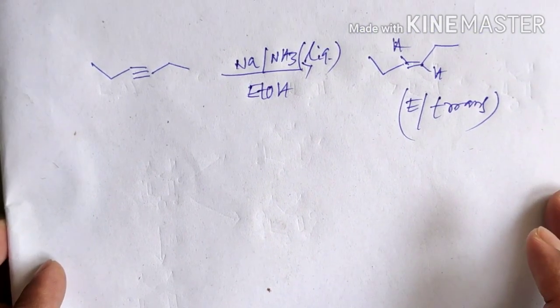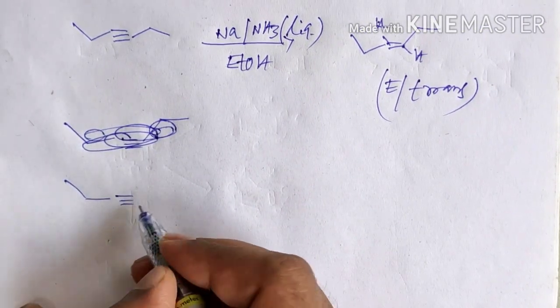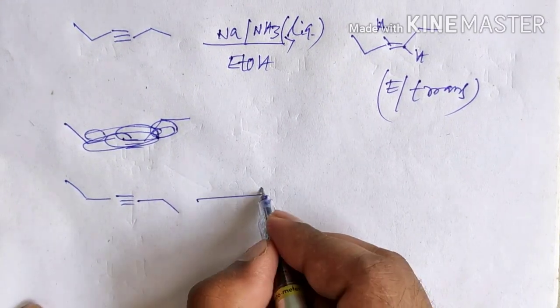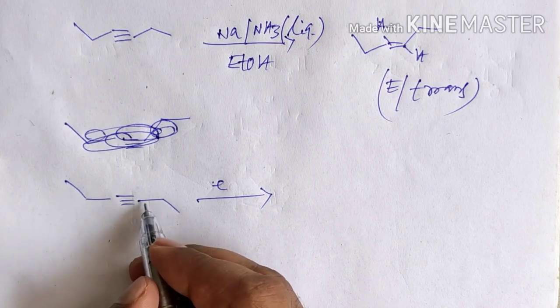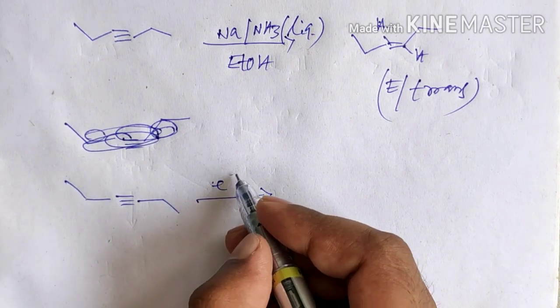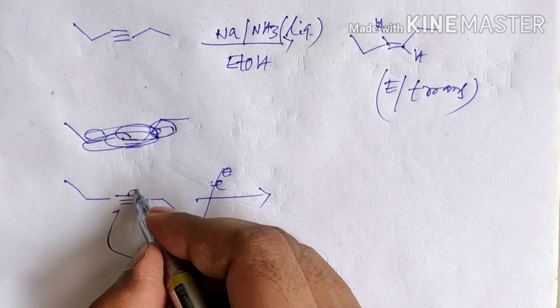Now the mechanism looks like this. First, one electron will attack at any of the carbon atoms and it will open up.